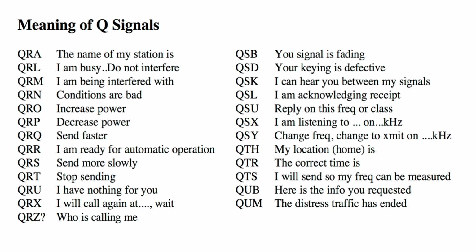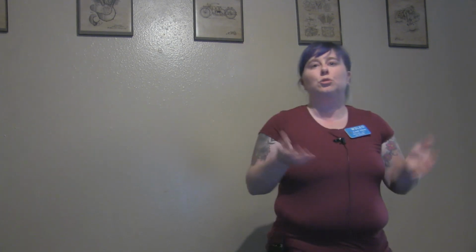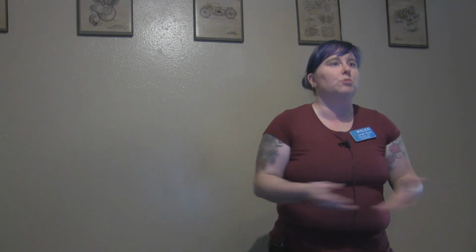Some of these we still haven't really used, but these are some of the quick ones. It's just to shorten down what you are trying to say, so you're not having to say the whole thing, if that makes sense, okay?